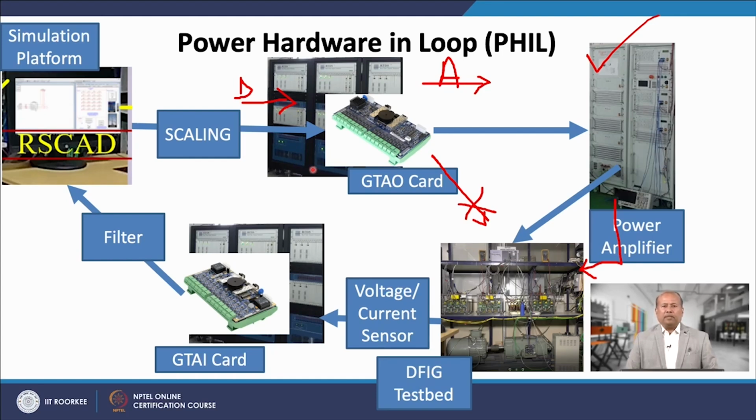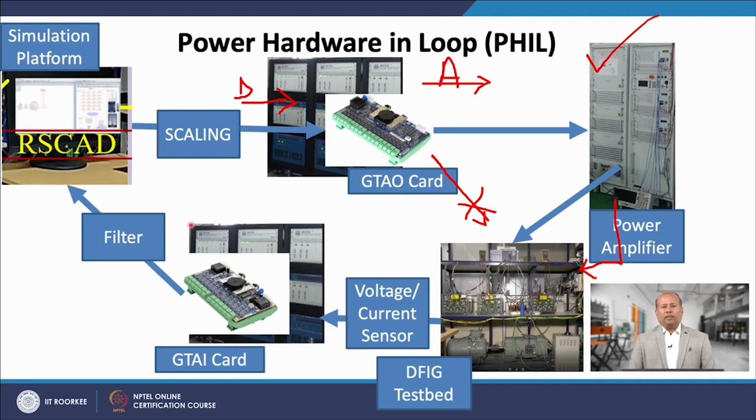The interfacing DFIG device, that is the part of the network, requires the exchange of voltage and current between the digital simulator and itself.